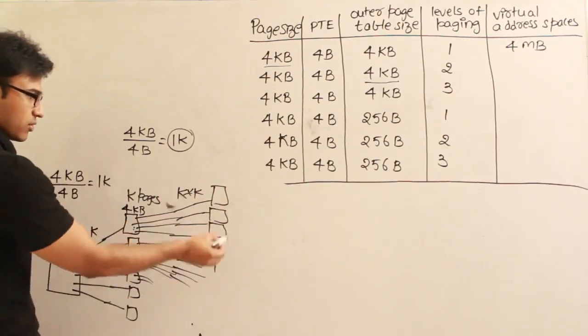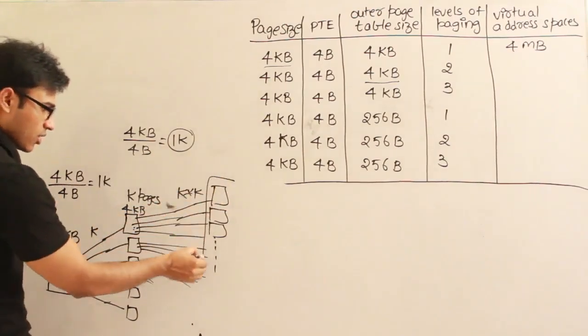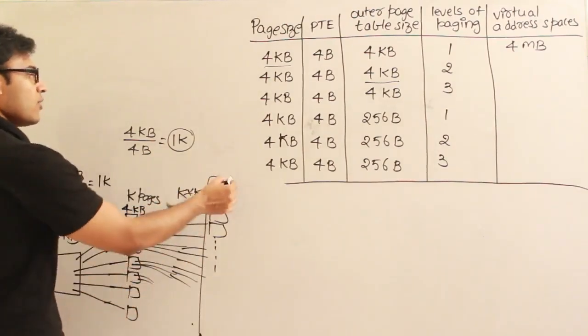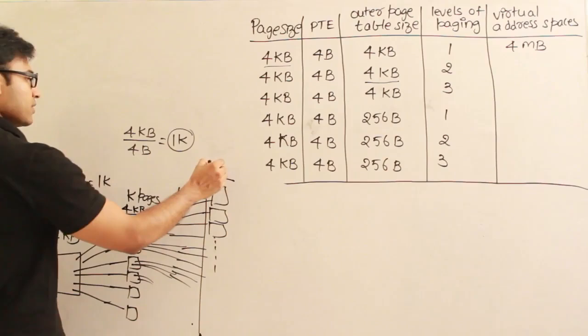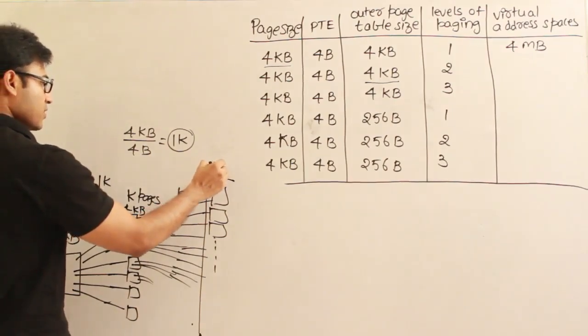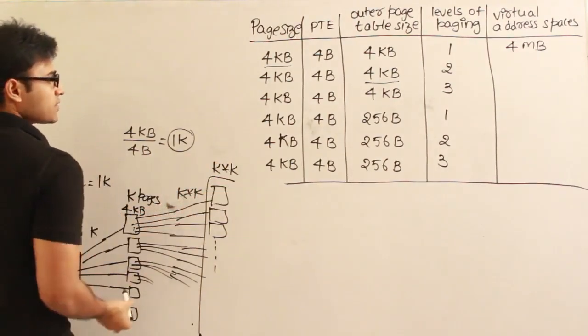Each pointer will be pointing to one page, and these pages belong to the process, right? So how many pages are there in the process? The total number of pages present in the process is 1k into 1k pages, right?